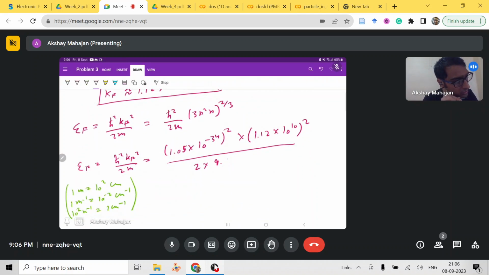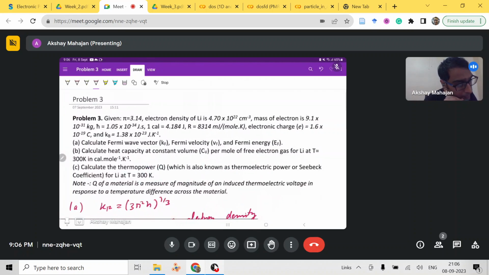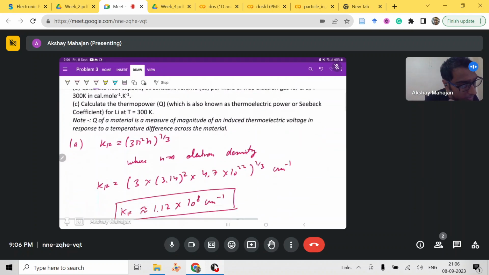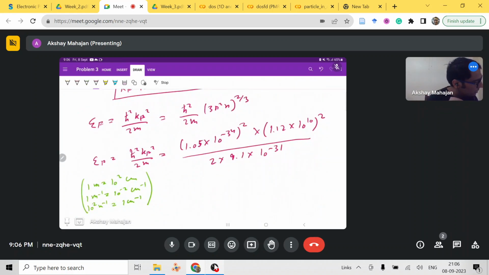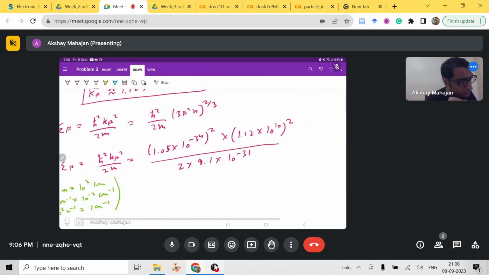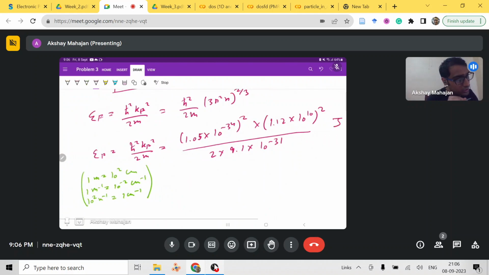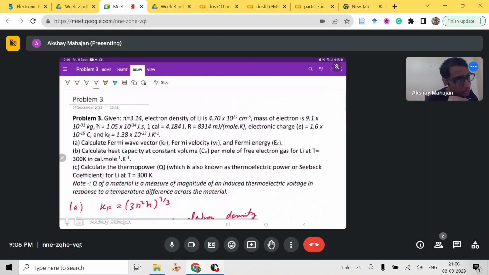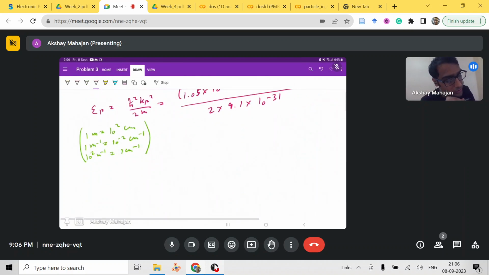And the mass of the electron is also given to you, and this is also in SI unit, 9.1 into 10 to the power minus 31. Alright, so you can check the unit by cancelling the units; the unit will be joule.